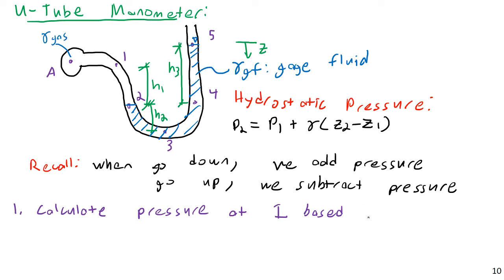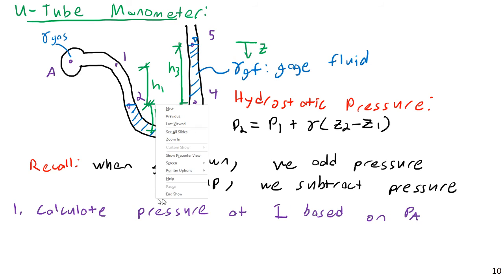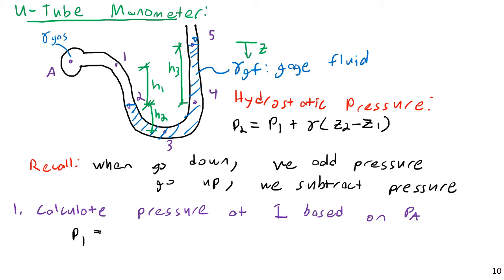I'm not going to have numbers here, I'm just going to do this relatively. Based off of our standard formula, P1 is going to be PA plus gamma times (Z1 minus ZA).